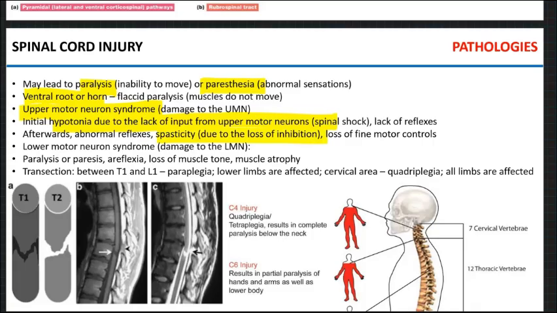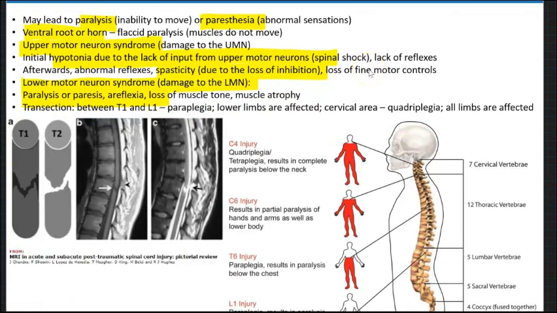The upper motor neurons, the inhibitory ones, are damaged, so your muscles cannot relax. Usually it results in hypertonia. Lower motor neuron syndrome causes paralysis and loss of muscle tone. So those are the classical symptoms of transection of the spinal cord, which you can see here.